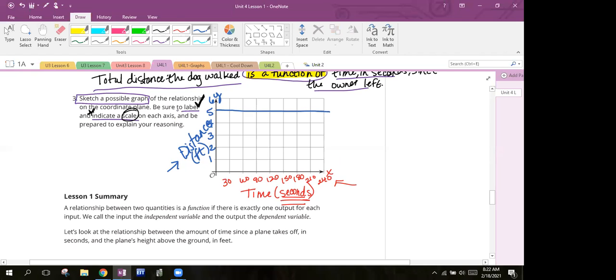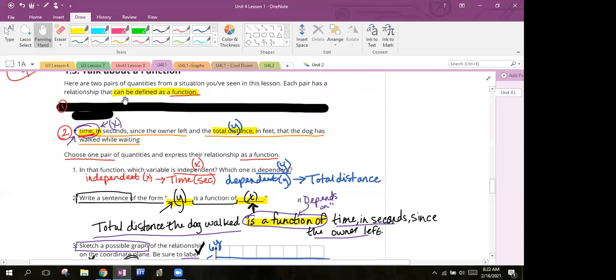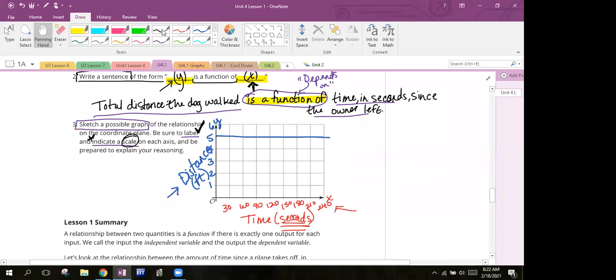All right, now they didn't give us any information about where the dog was at any given time. So when we draw our graph, we just have to make sure that it is a function, because they told us right here, they are a function. So when we're doing it, we can just say the dog started right up against the pole because we don't know anything else, and he just started walking around.